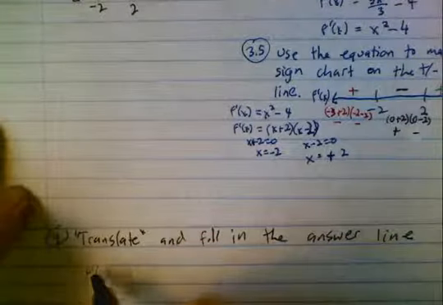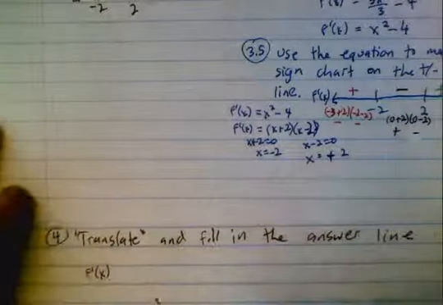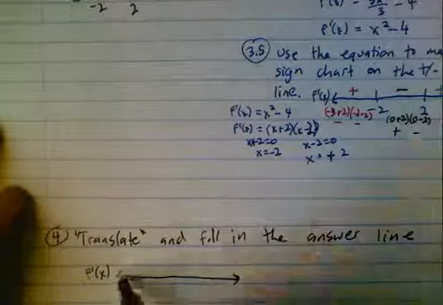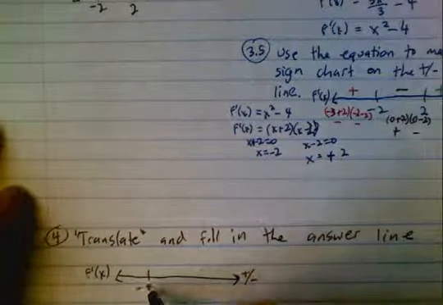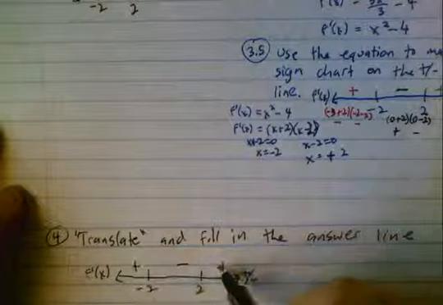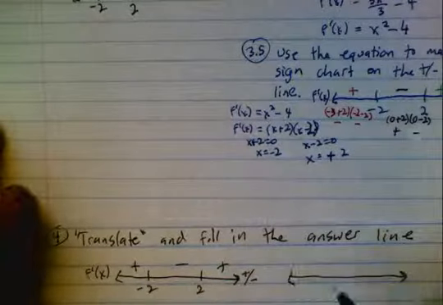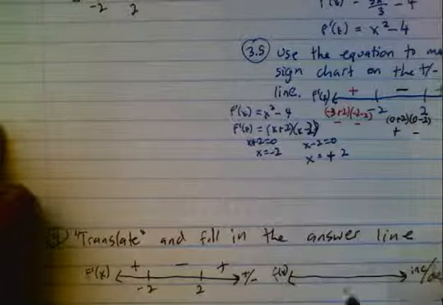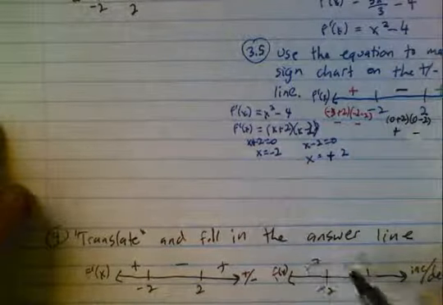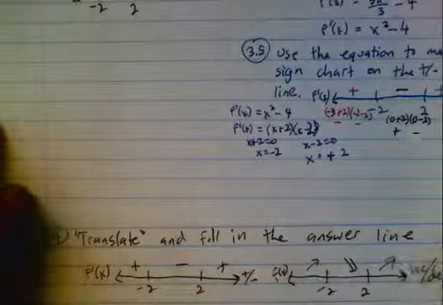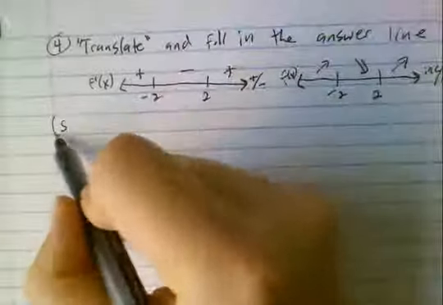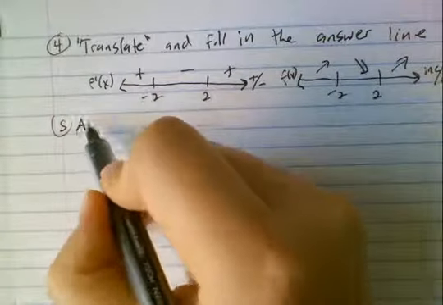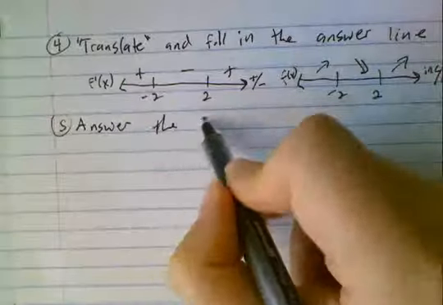So here we've got our f prime of x that we got either way. This was plus minus. Now our answer line, if you remember from the beginning, was f of x, and f of x was increasing, decreasing. So we translate, and then last of all, answer the question.